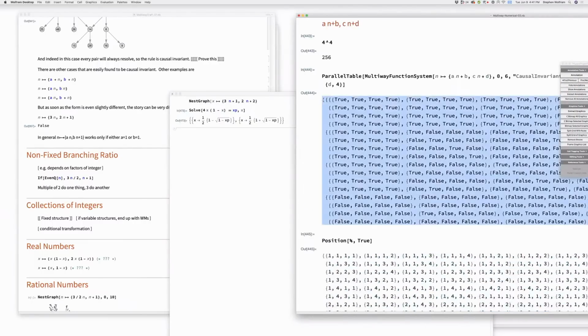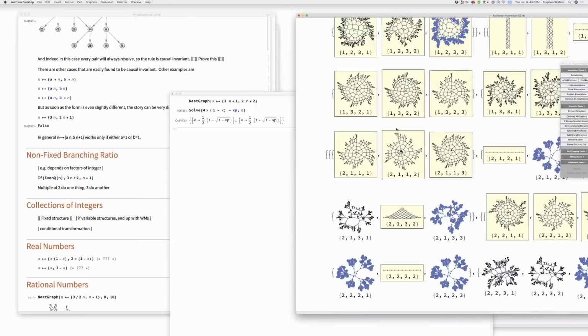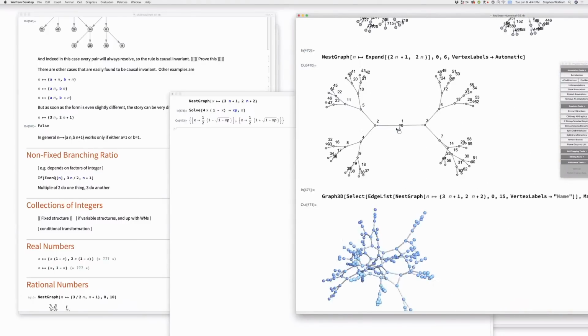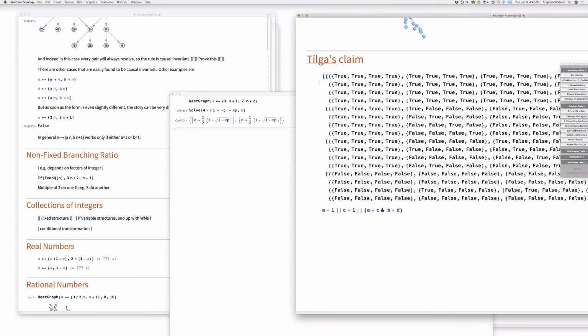This is our array here. Okay, this is Tilga's claim. So there's the array.